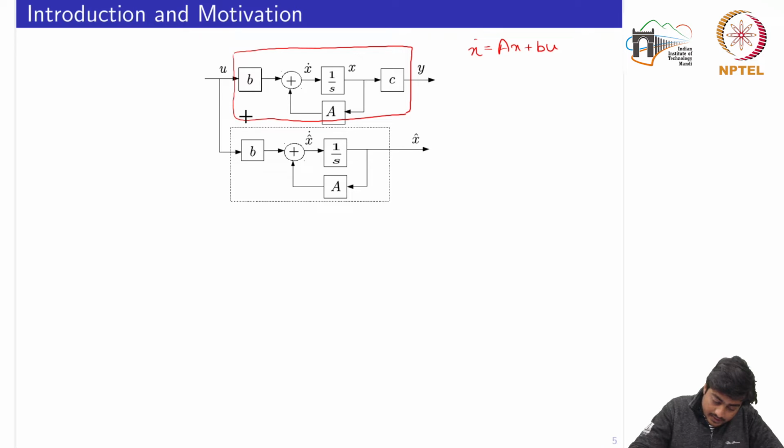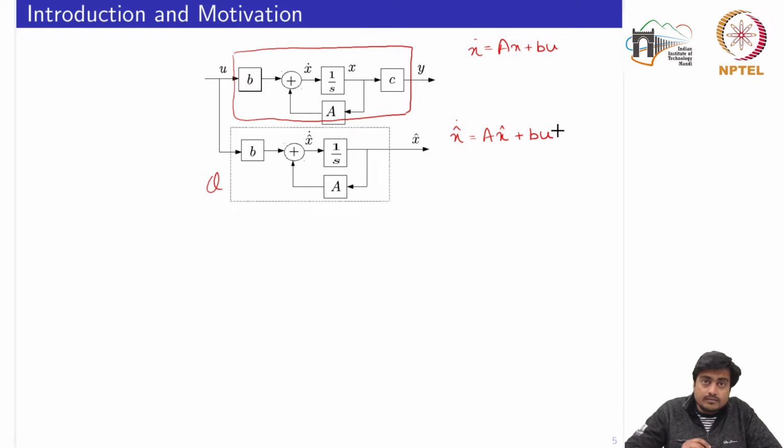So I would design an observer, let's call it O, where I am taking the measurement only of the U, and since A and B are known to me, I can construct this one. Let's write the state equation for this one. It is x hat dot is equal to A x hat plus Bu. So this is my plant, this is my observer. Now the problem is I want x to be equal to x hat.